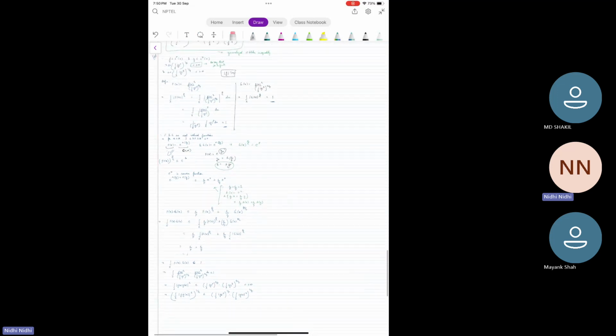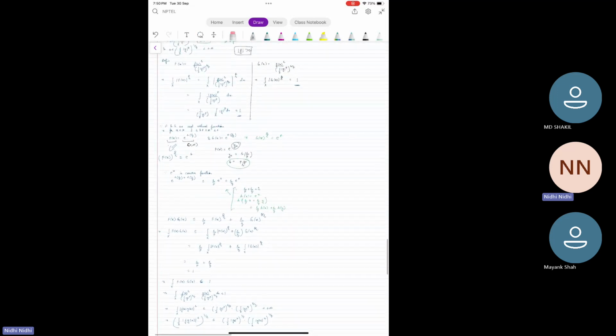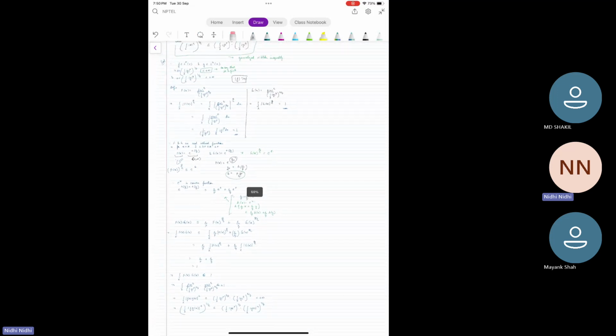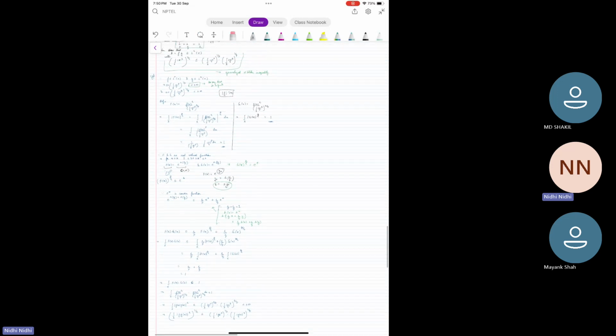So the main idea was to use the convexity of the exponential function. Good. So now it is clear how we get this generalized Hölder inequality.